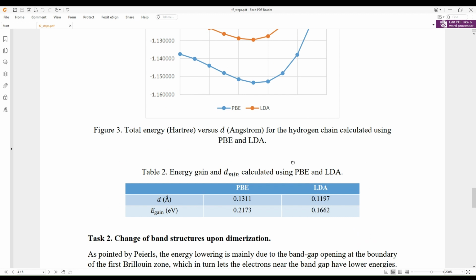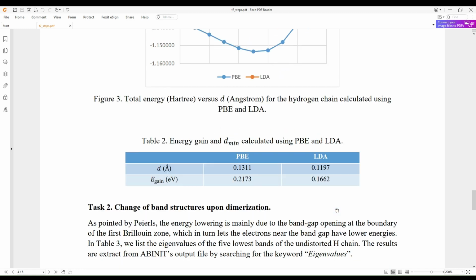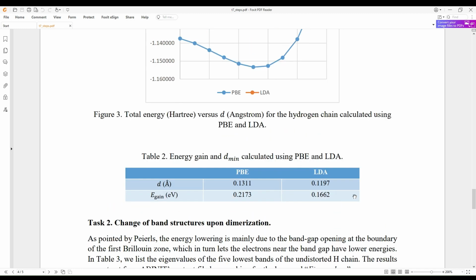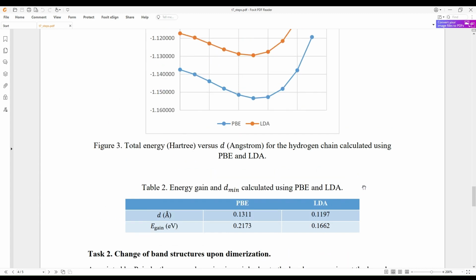So I summarize the results here, which shows you that your energy gain actually is pretty sensitive to the functional that you use in your calculation. And some authors in the literature also try to use the hybrid functional for calculating the energy gain and the d value, and the results are also very different from the PBE and LDA.